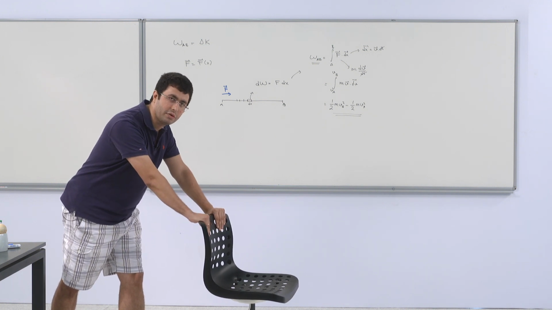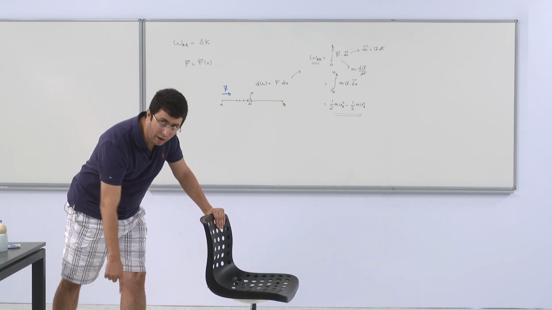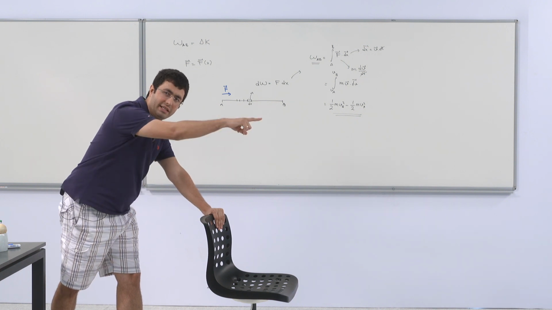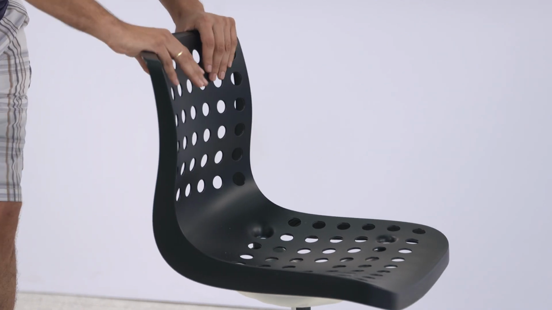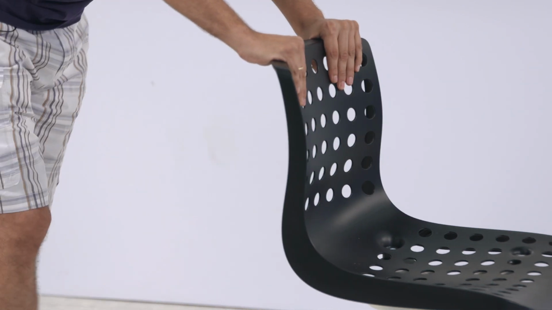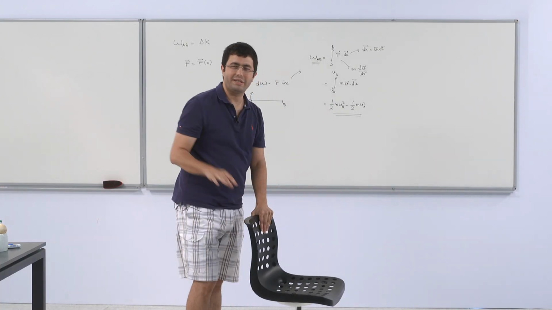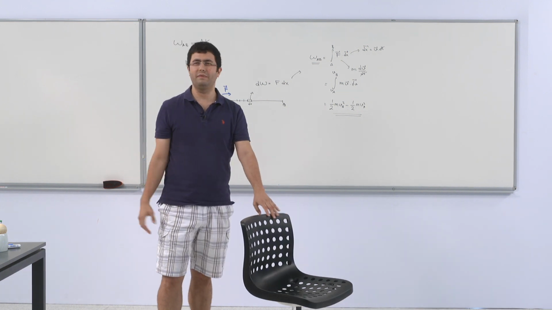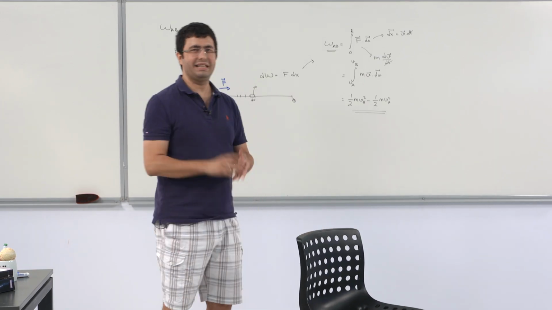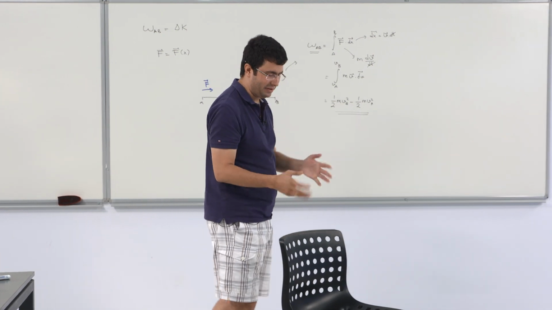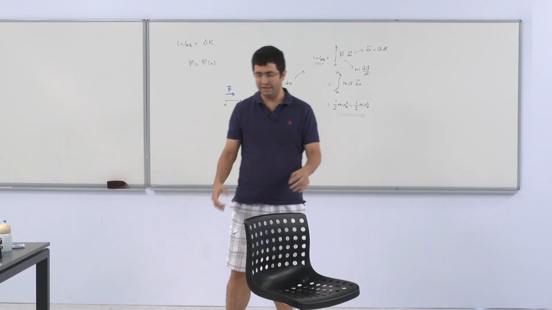Now my force has two components, one in the y direction and the other in the x direction. I apply a force like that, but the chair still goes in the x direction. Which means that the force that I apply in the y direction doesn't do any work. So it doesn't mean that just because you apply a force on something, you do work on the system.